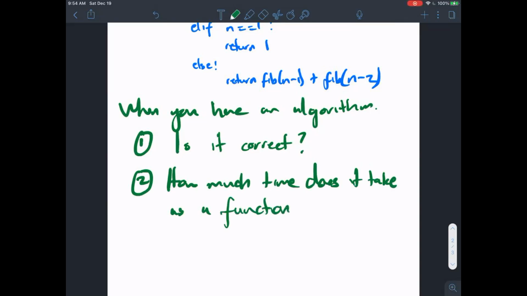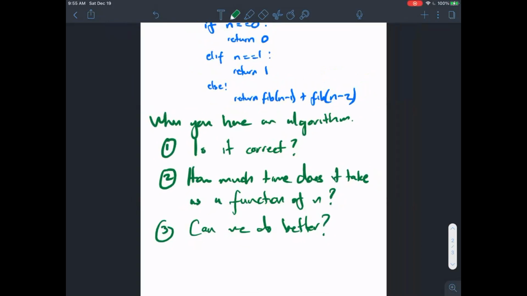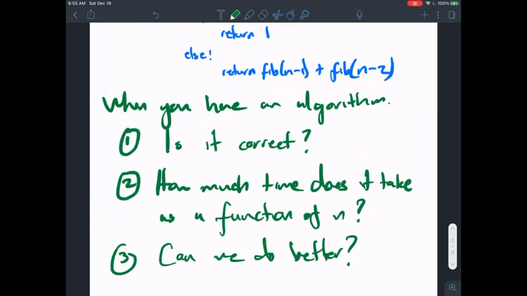Now that would be looking at the mathematics today. And then after you've analyzed how much time it can take to run the operations of that function, you can ask yourself, can we do better? If you have asked yourself these 3 questions, then you can say, yeah, we can do better.